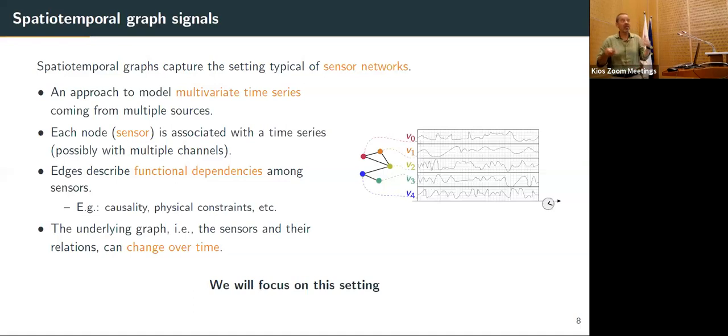The third one, which is the one I'm going to focus on, given KIOS, is the spatial temporal graph sequence. What does it mean? It means that we have a time series. We have a set of sensors, V0 to V4 in this case, each of which is providing a signal.